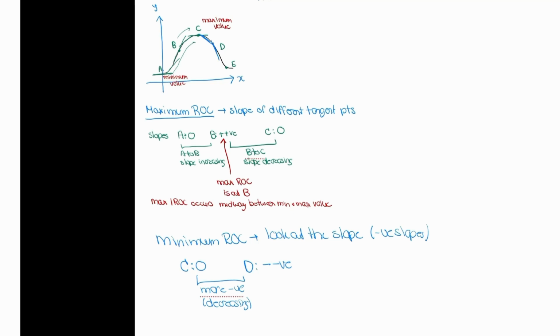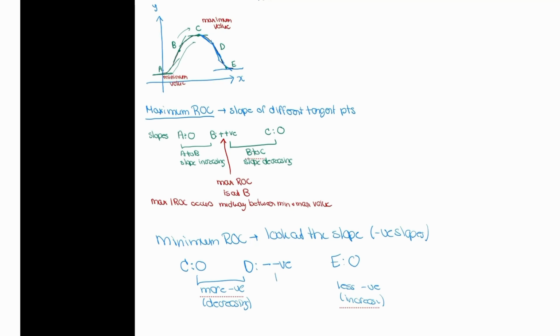As we move from D to E, though, it starts to not be as steep until we get back to E, where our slope is back to 0. So this is less negative, meaning that the slope is starting to increase again.